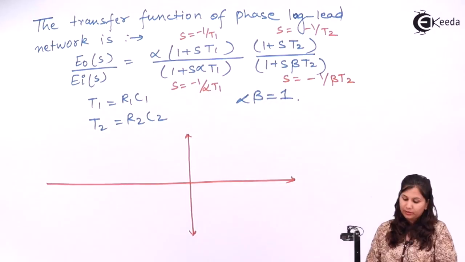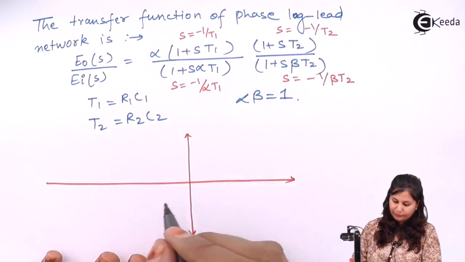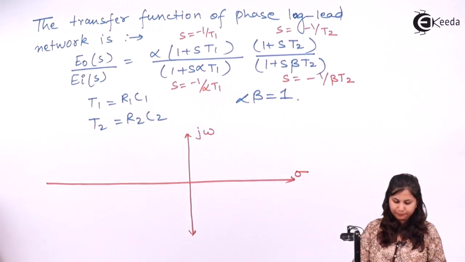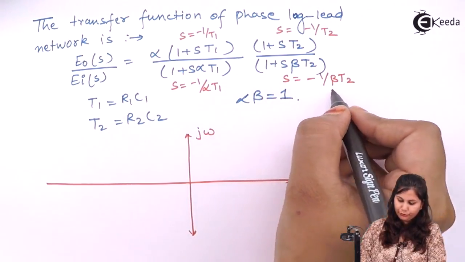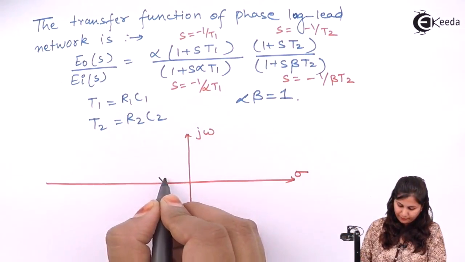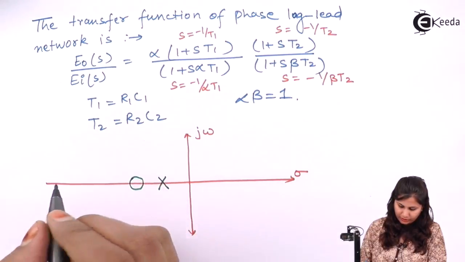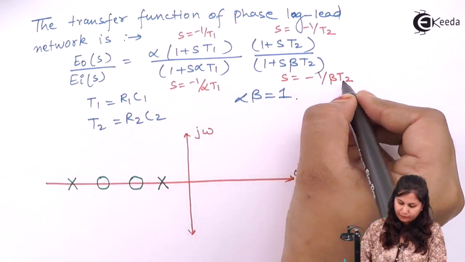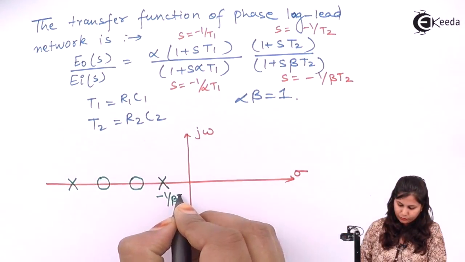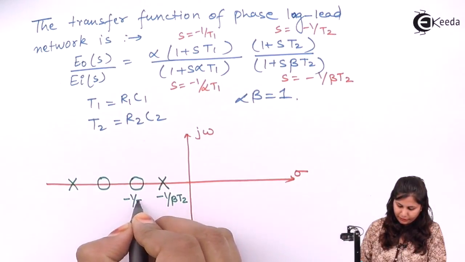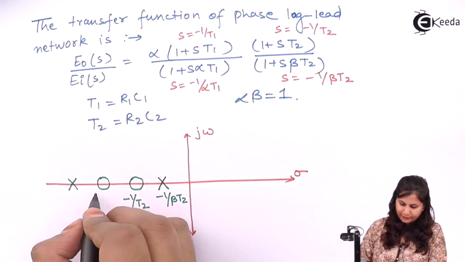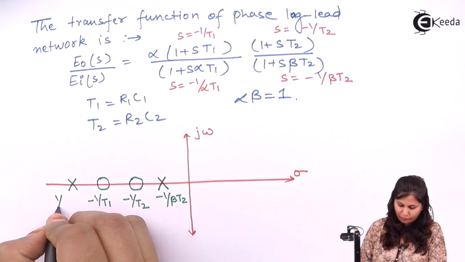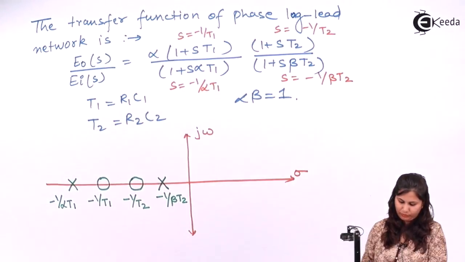Now here we will draw the poles and zeros and represent them in the S plane. First we have the pole due to this phase lag network, then we have a zero, then again a zero and a pole. This pole is minus 1 upon beta T2, then minus 1 upon T2 is the zero, then the zero due to this phase lead network is minus 1 upon T1, and this is minus 1 upon alpha T1.